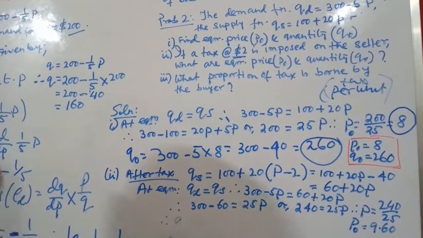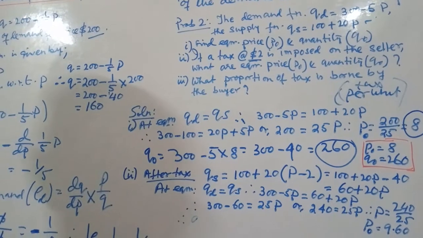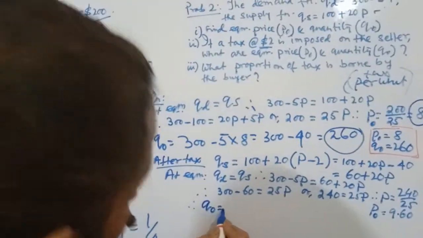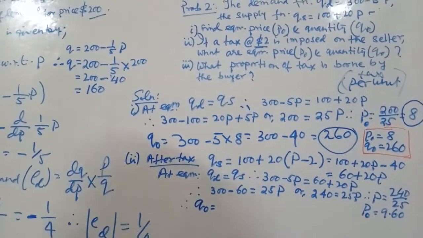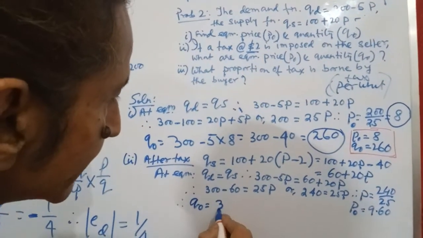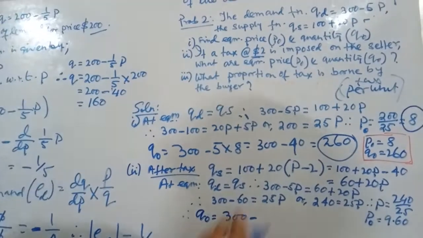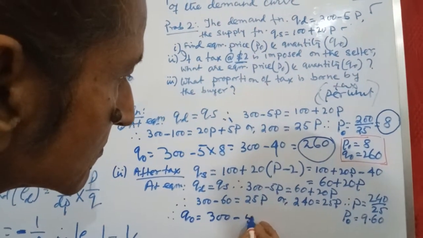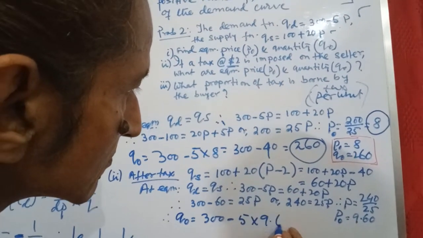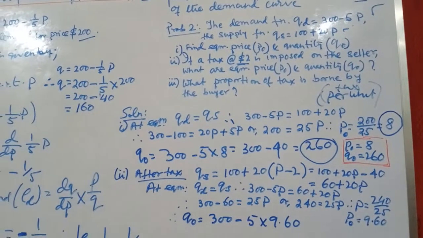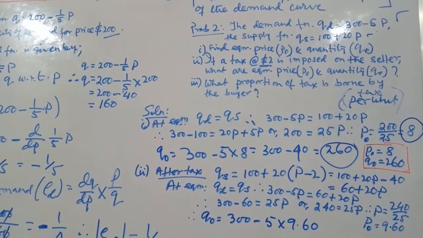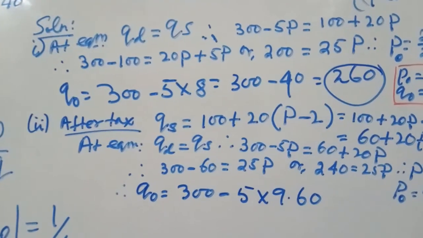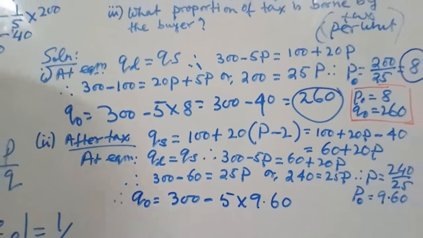Therefore, Q0 equals 300 minus 5 into 9.6.